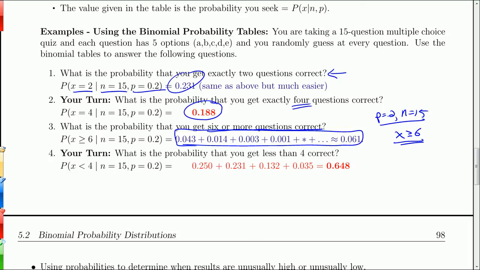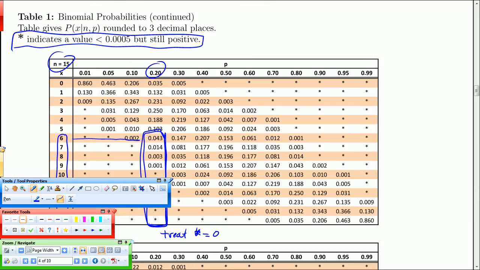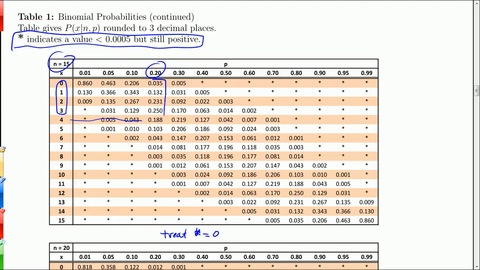For the next one, your turn problem, what's the probability that you get less than 4? Well, again, we're going to go right back to that table. Less than 4. I'm going to erase all this. So I'm looking for less than 4, so it's actually these ones here, which under this column, 0.2, are these four numbers, right?